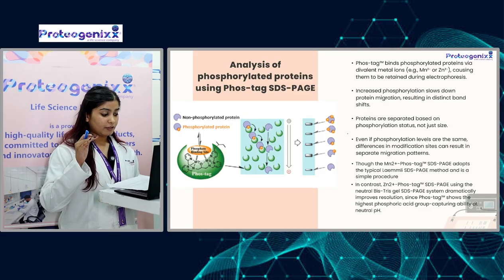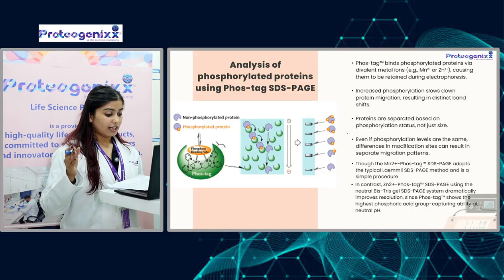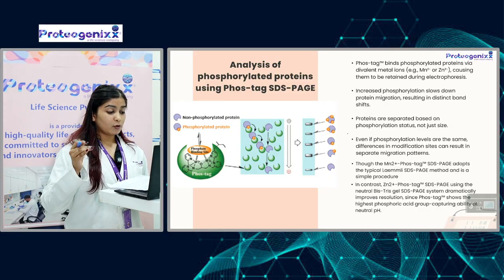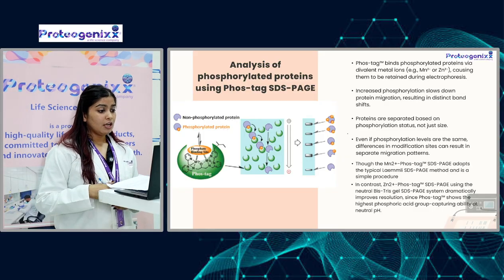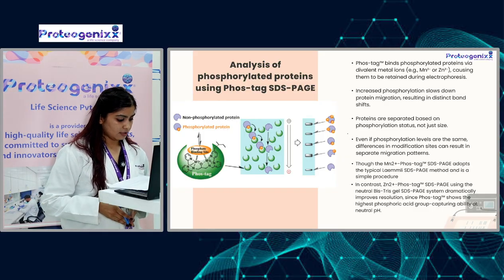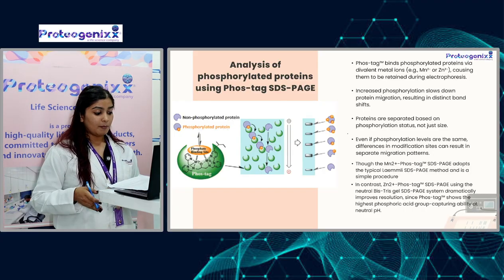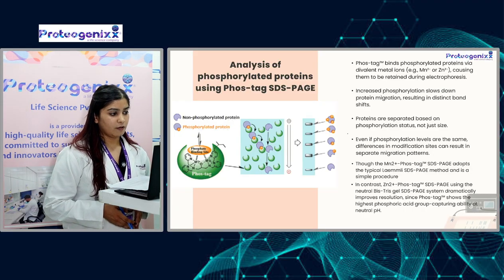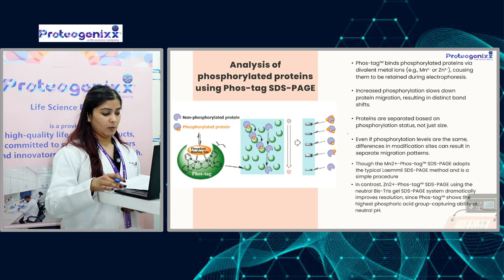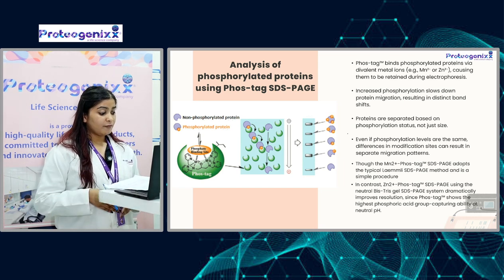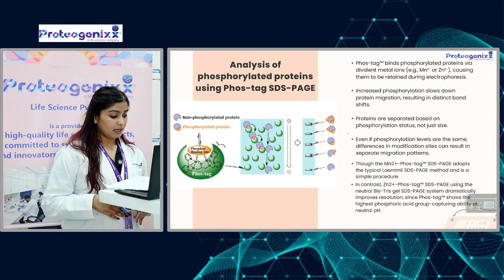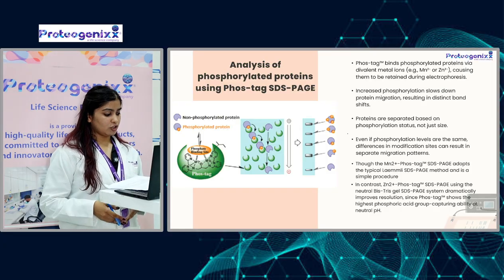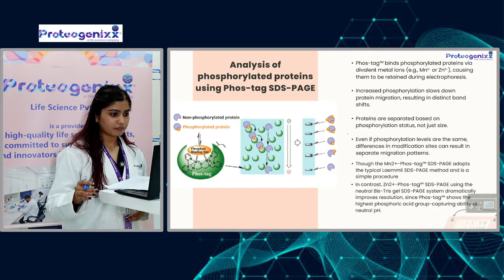The protein will migrate through the gel according to the phosphorylation levels, because the Fostak metal complex selectively binds to phosphorylated residues on amino acids. As a result, the phosphorylation states can be resolved as separate bands, allowing easy visualization of phosphorylation patterns.